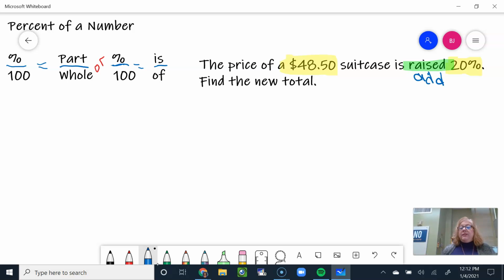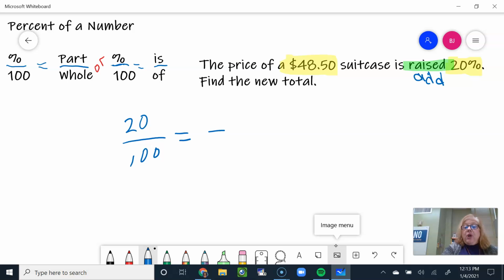Okay? So, once again, let's set up our problem. We know that it is raised 20%. At this point, it's 20%. And we put 20 over 100 equals, and our total is 48.50.